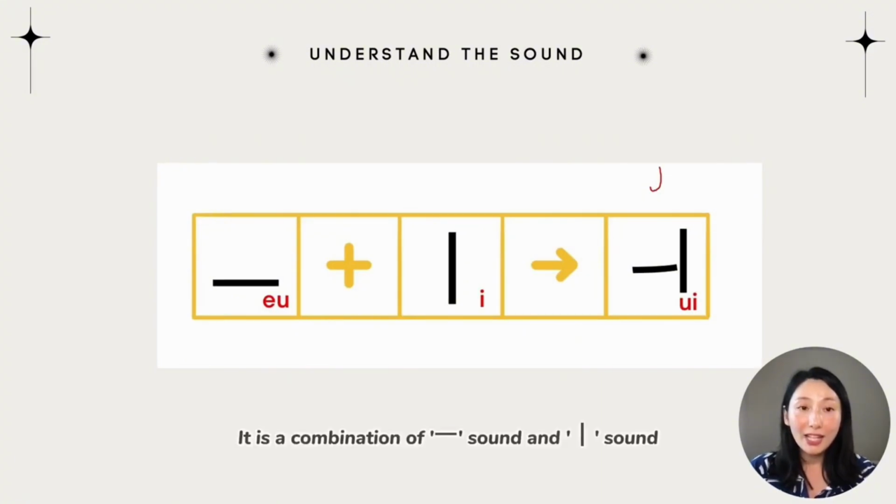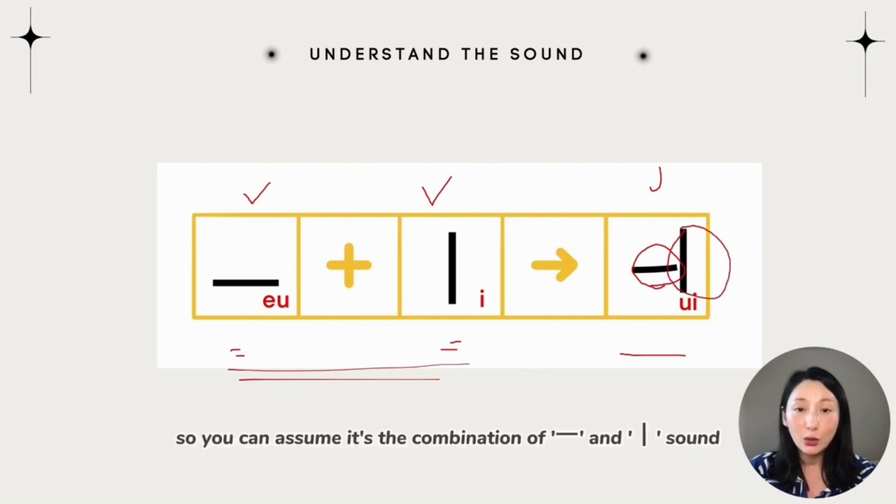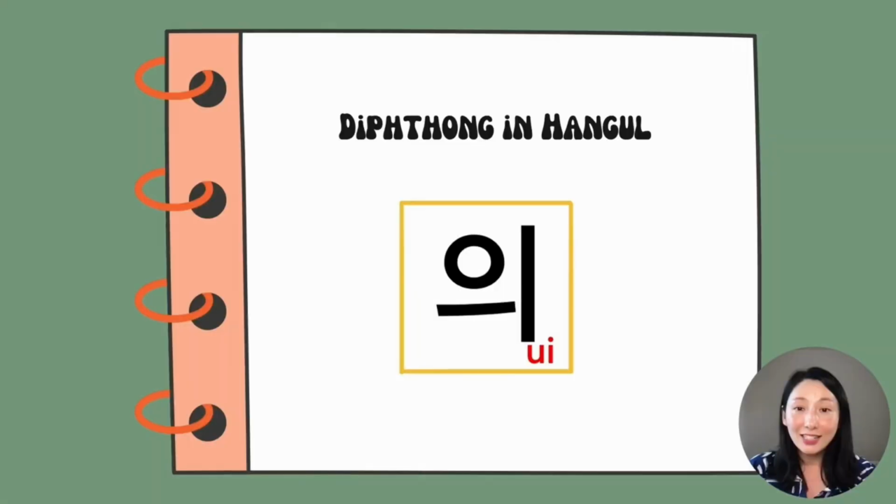It is a combination of eu sound and e sound. The letter design is very straightforward. You see eu here and e here. And notice the romanization is not E-U-I, it is U-I.